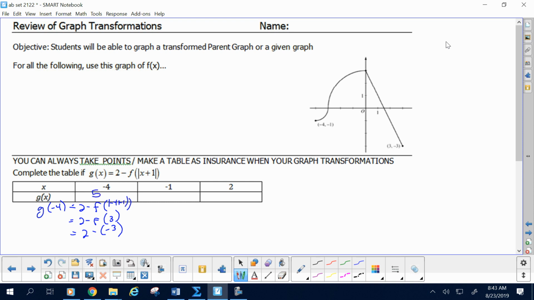What'd you get? -1, yeah, because -1 plus 1 is 0. f at 0 is 3, according to the graph, and 2 minus 3 is -1. Are we good? If you did -1 there, it sounds like most of you got -1, so it feels like you understand. Let's move on, shall we?